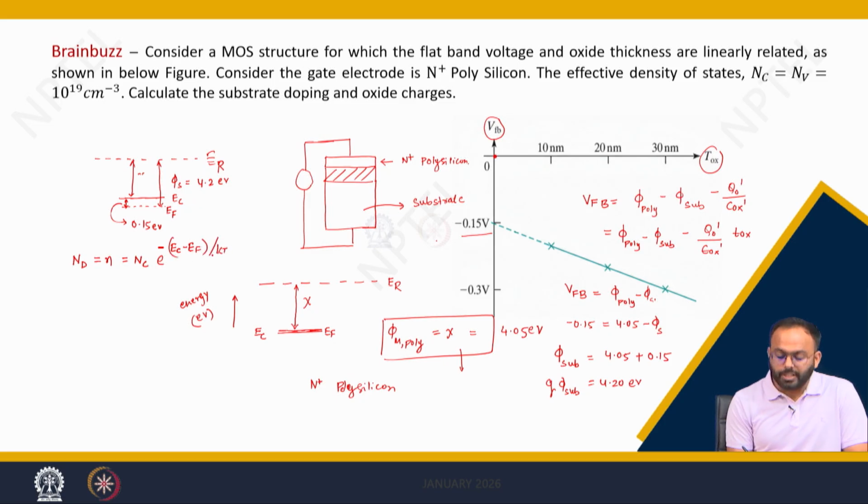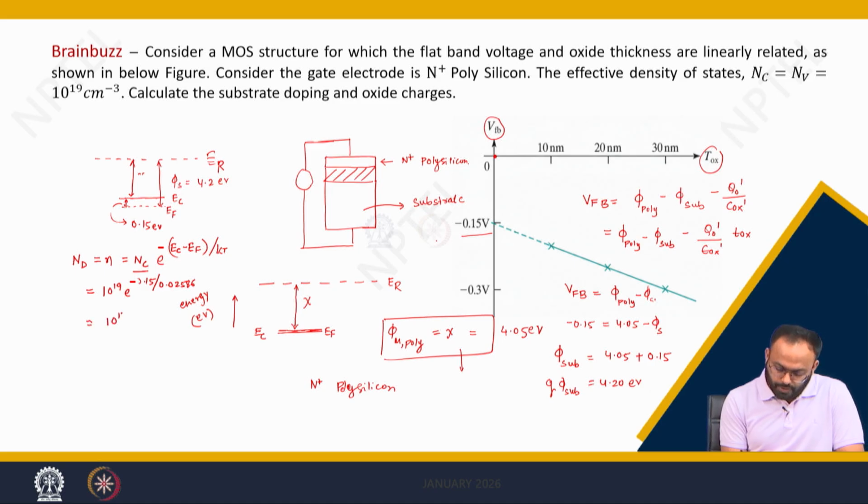We have the value of Ec minus Ef, and we have the value of Nc, which is the effective density of states. So, it is 10 to the power of 19 exponential of 0.15 divided by Kt, where Kt over Q is the thermal voltage, or Kt is the thermal energy, which is 0.02586, or you can consider it as 26 millielectron volt. Then the final answer is around 10 to the power of 17 per centimeter cube.